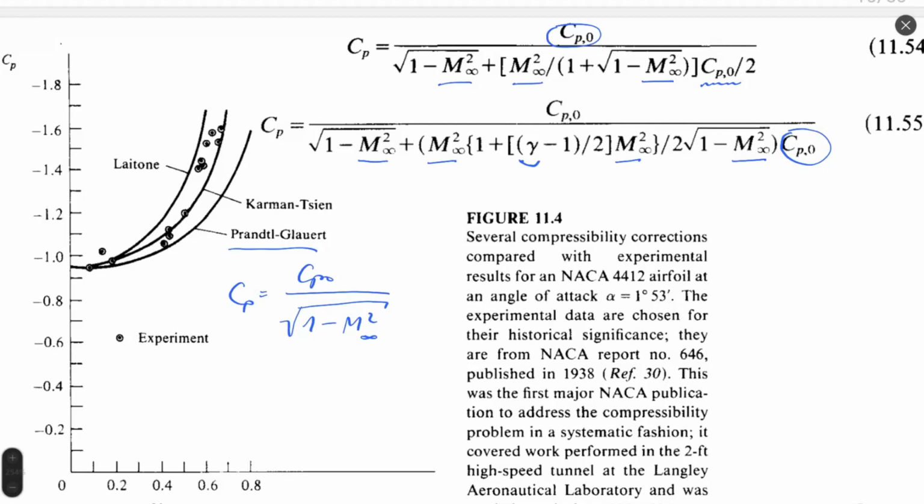Which one to choose is a question of experience. Probably you have to base it on analysis of similar data, similar aerodynamic structures, and then choose a correct formula for the compressibility correction of the pressure coefficient. In those days, of course, we had no computers available.